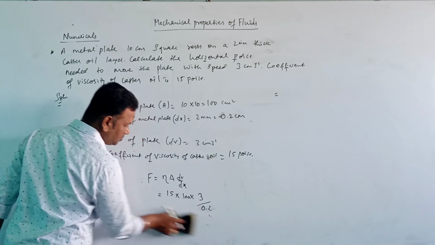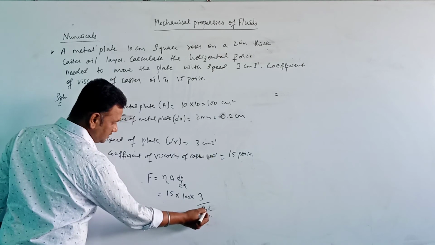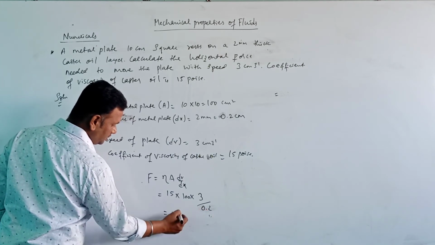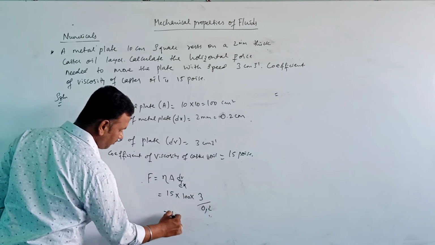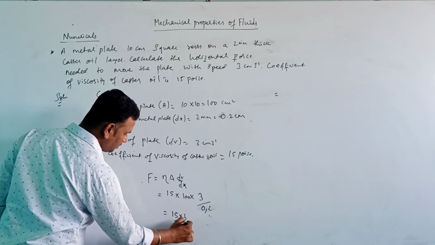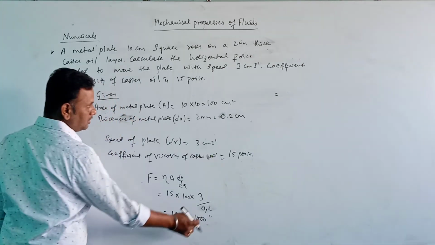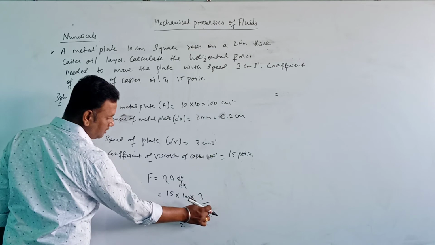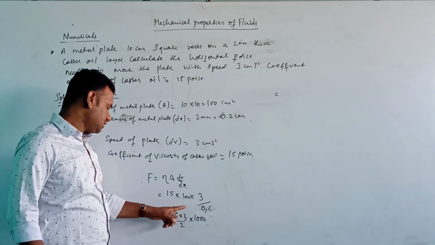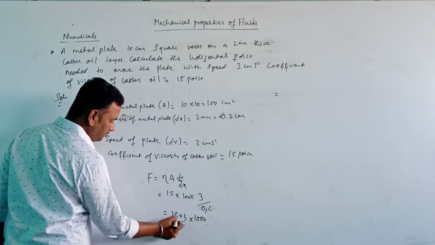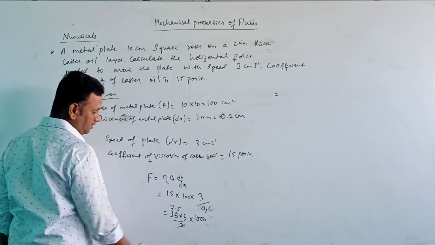If you calculate this, as I remove this decimal point, it goes to the numerator, and it becomes 15 into 3 divided by 2 into 1000. As I am removing this decimal point, it becomes 2 by 10, and 10 goes to the numerator, it becomes 1000. So 15 by 2 is 7.5.